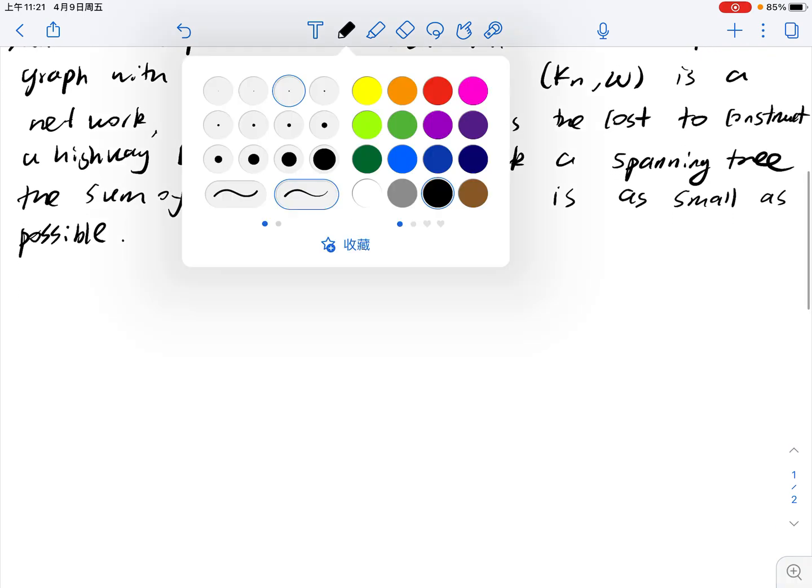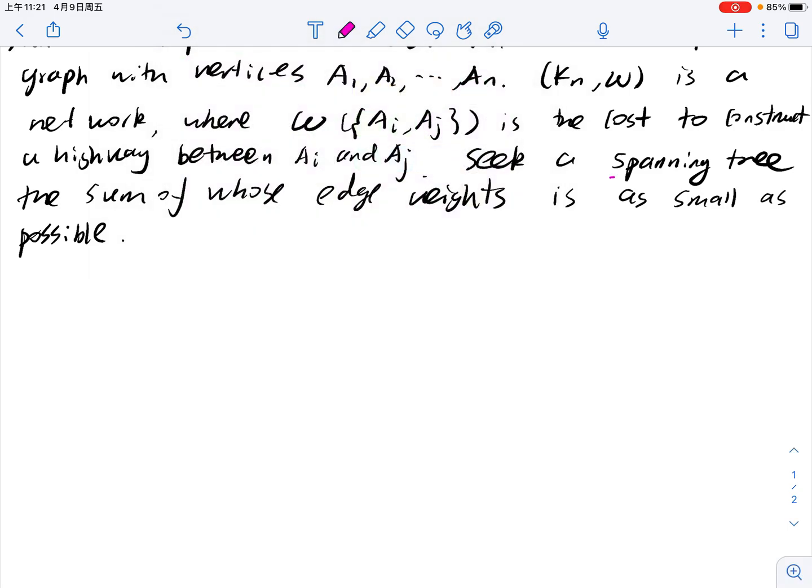So here actually, when we do the mathematical formulation, we already simplify the problem a little bit.